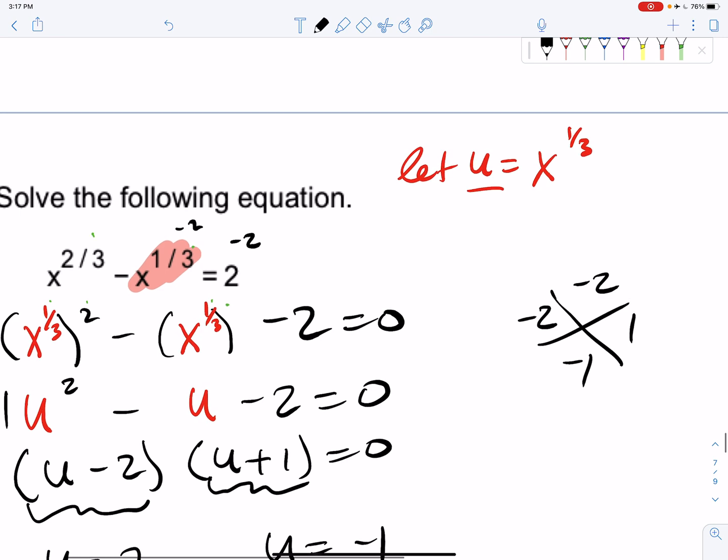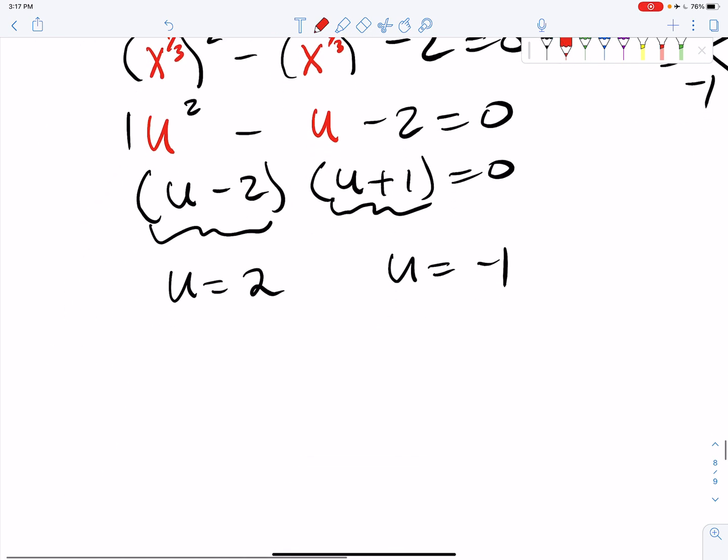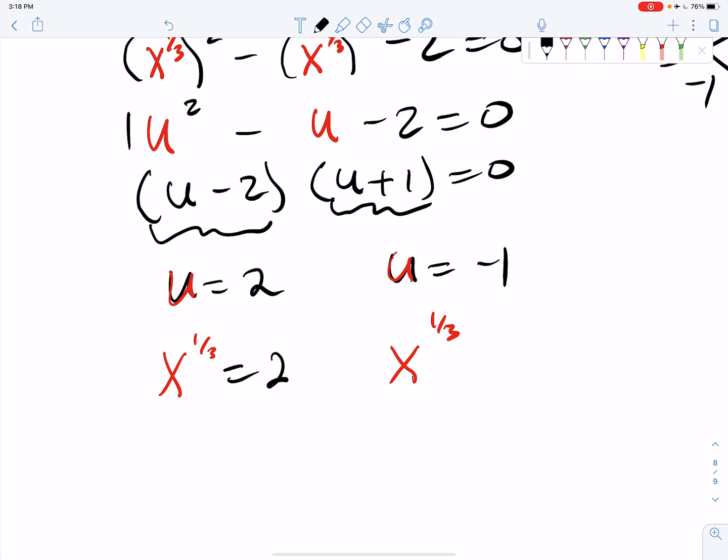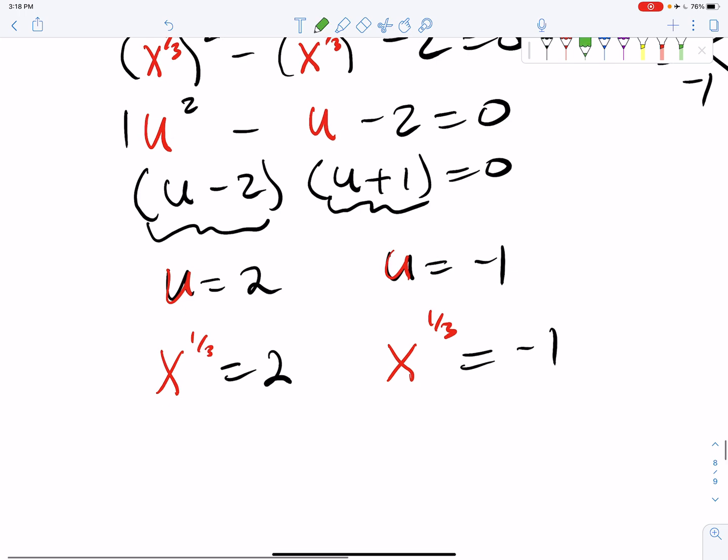I didn't want to know what u is, I wanted to know what x is. So I sub back in x to the 1/3 for u. I get x to the 1/3 equals 2, x to the 1/3 equals -1. How do I undo a 1/3 power? Well, I raise it to the third power.